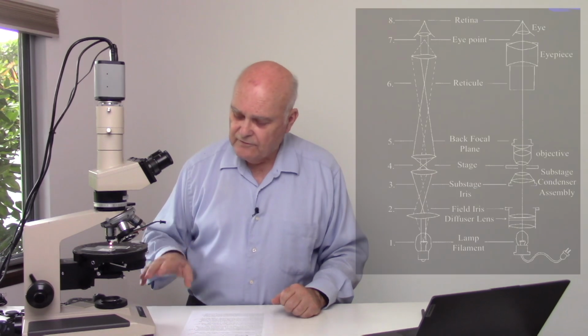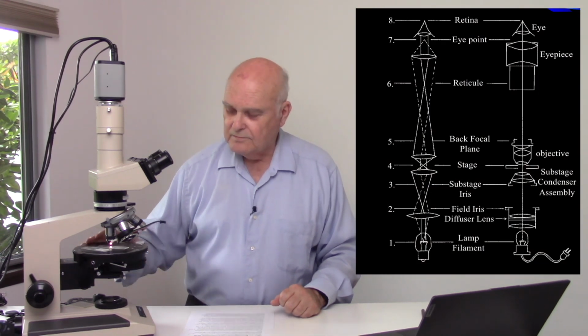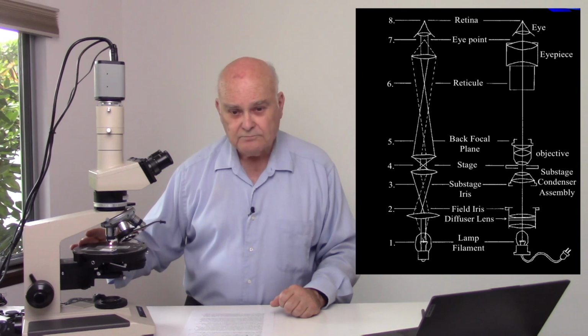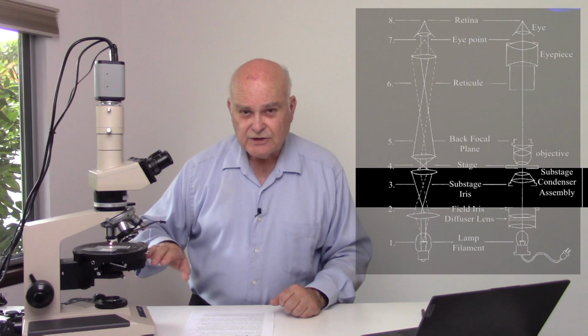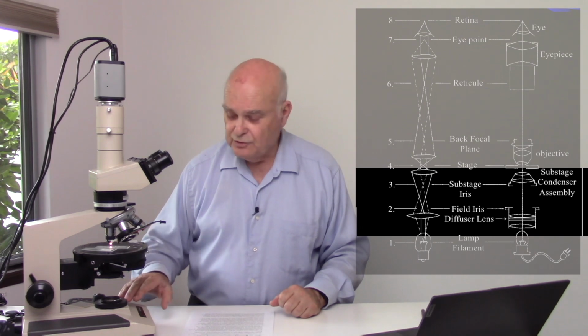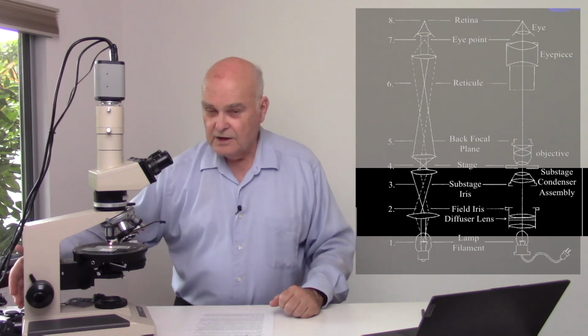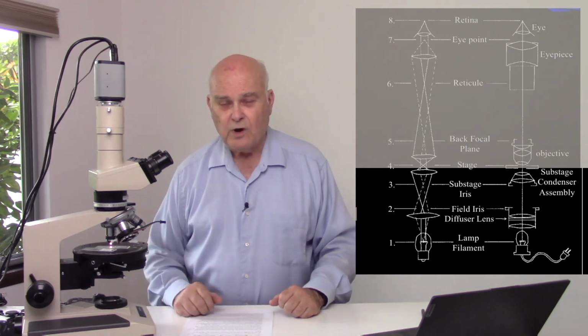What we have to take care of is the focal planes that are below focal plane 4. That includes the substage condenser iris, which is focal plane 3, the field iris, which is focal plane 2, and the lamp, the illumination source, which is focal plane 1.